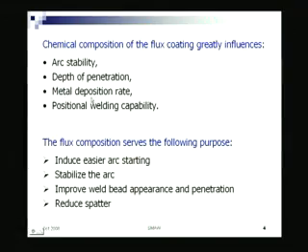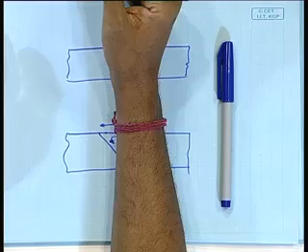It will also affect the metal deposition rate. Obviously, how much heat is getting generated is not only from the point of view of how much power is being spent, but also the ionization potential of the gas, which also determines how much heat will be generated.